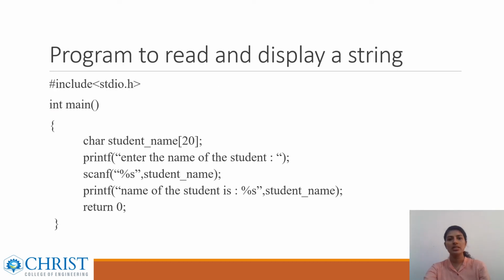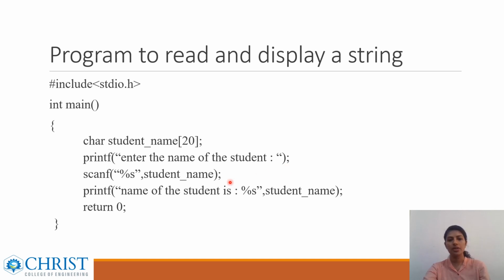Now we look at a simple program to read and display a string. First we include the header file stdio.h, then the main function. We declare a string variable studentname and its size is 20, and in the printf statement we print a prompt to enter the name of the student.